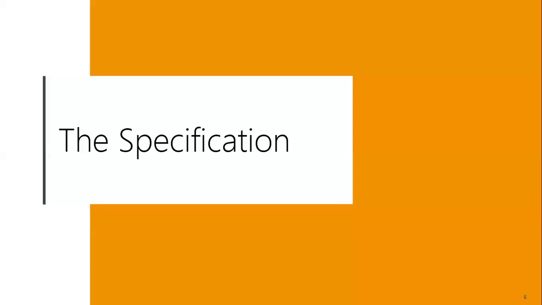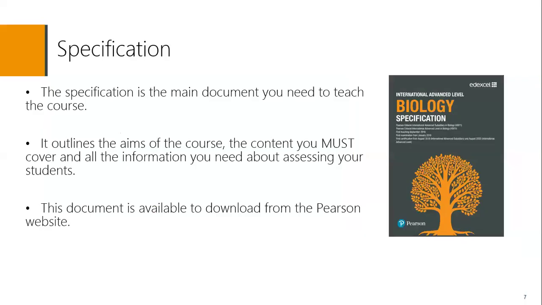We're going to start by having a look at the specification. You'll find the specification invaluable in your teaching of international A-level biology. The latest version of the specification is available to download from the Pearson website. If you look at the contents page, you can quickly locate the key information needed when planning your teaching.